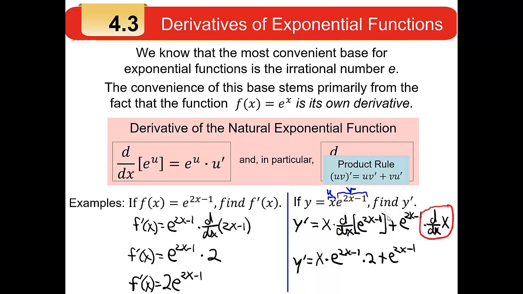Well, of course, the derivative of x is just 1. Probably want to clean that up a little bit, maybe put the 2 in front of the x. You've got 2x times e to the 2x minus 1, and then, of course, when you multiply something by 1, it doesn't change it, so that's just plus e to the 2x minus 1.